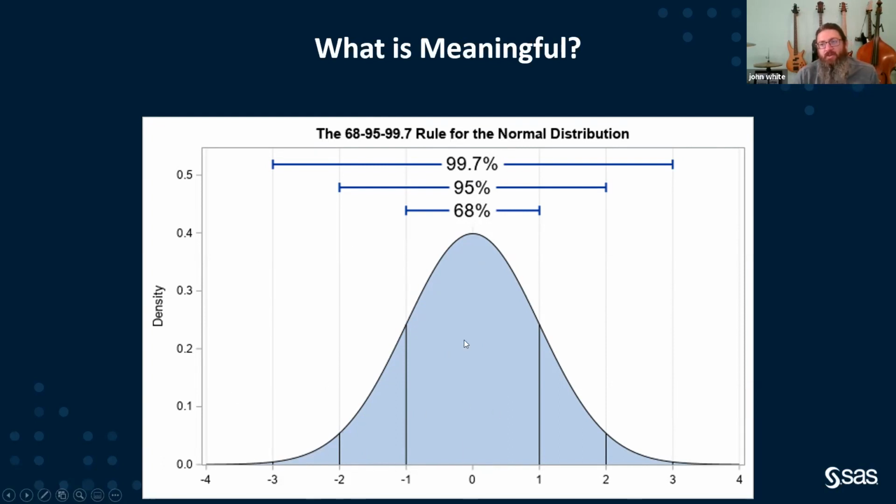So again, thinking about standard deviations is just a way to quantify the amount of variation that we see in a population or in a distribution. So it's a value or a metric that we can use to quantify, again, the variation of that distribution.